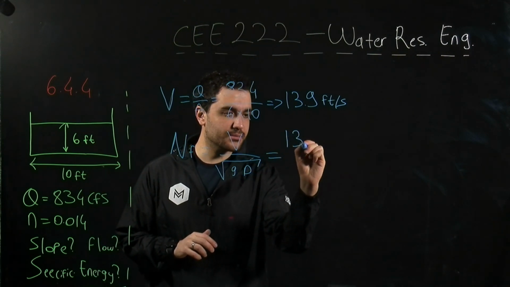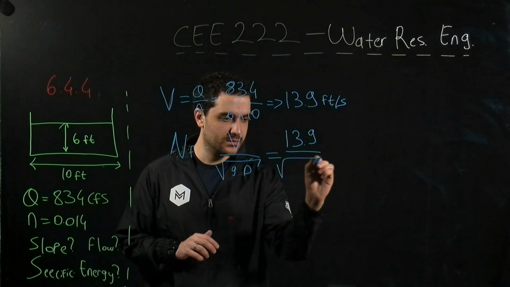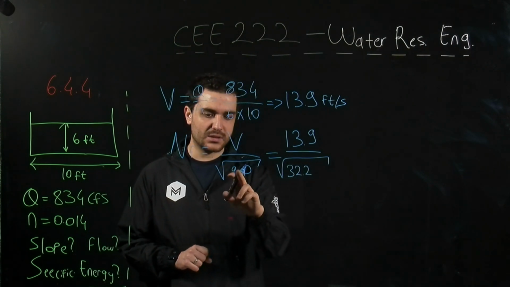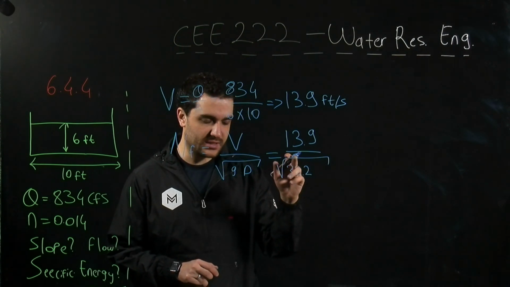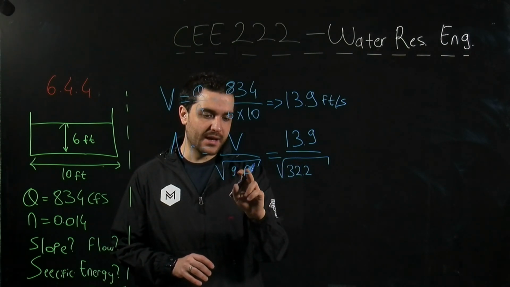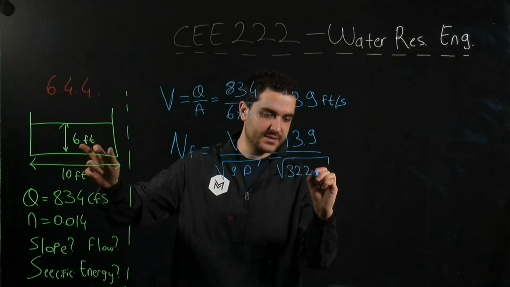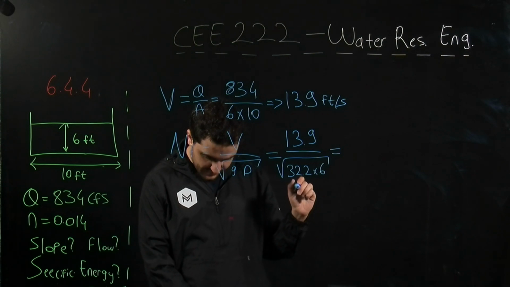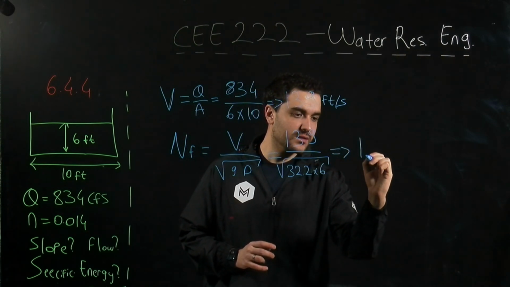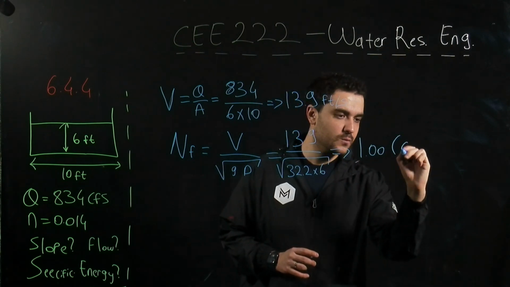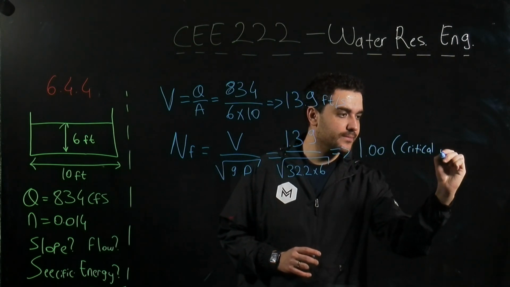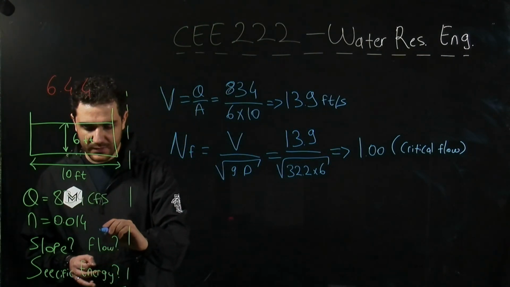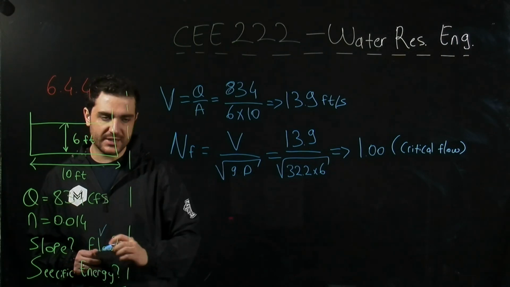So we have 13.9, we have 32.2 feet per square second, and for hydraulic diameter we will have 6. So this is going to give exactly 1. So this means that we have a critical flow. So we are done with the type of flow. Then we can calculate specific energy.